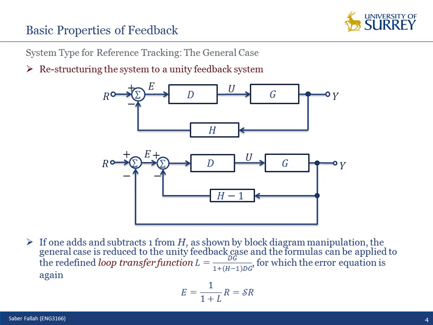It will be type 0 if I have a constant steady state error for a step input. It will be type 1 if I have a constant steady state error for a ramp input. It will be type 2 if I have a constant steady state error for the parabola input. Correct?